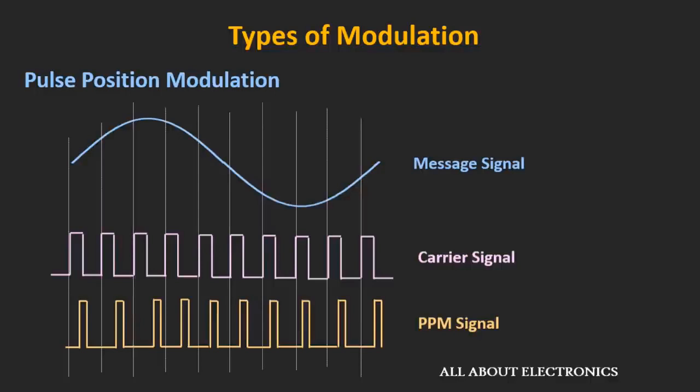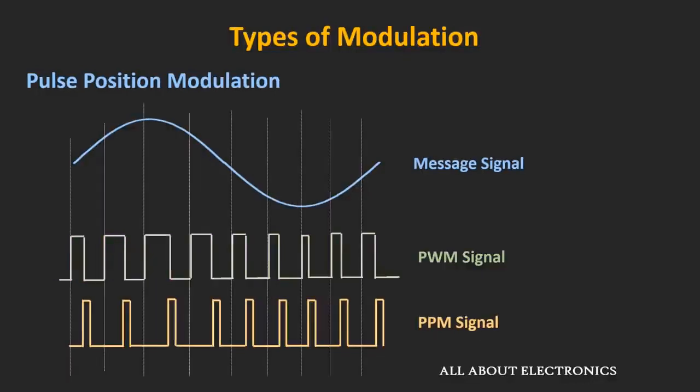That means as the amplitude of the input signal increases, the modulated pulse will go further away from the reference position. In fact, it can be generated with the help of the PWM signal. That means by generating the pulse at every falling edge of the PWM signal, this PPM signal can be generated. Alright, so now let's move to the next modulation scheme.